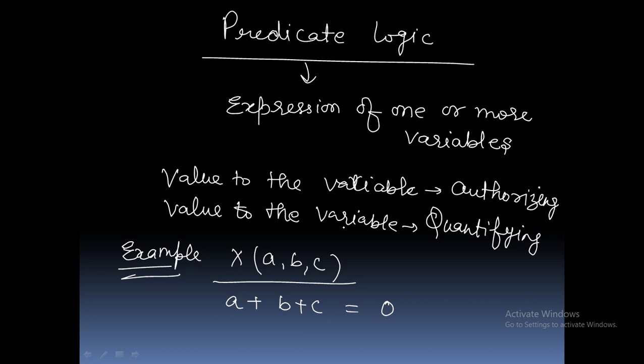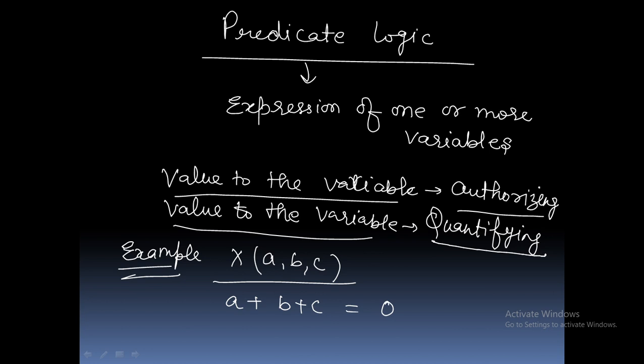A predicate with variables can be made a proposition either by assigning a value to the variable, that is known as assigning, or by quantification, that is known as quantifying. For example, here we have P(A, B, C), where A plus B plus C is equal to 0. This is the value of A plus B plus C.